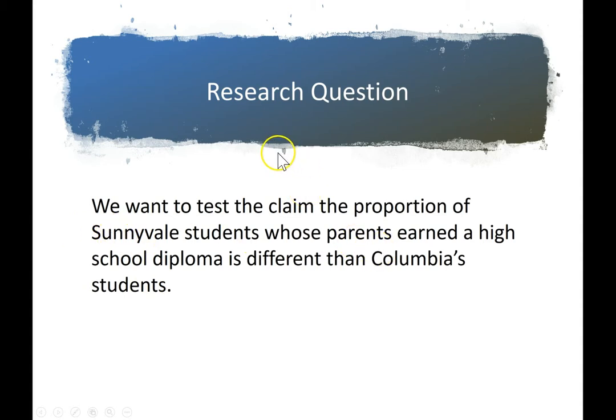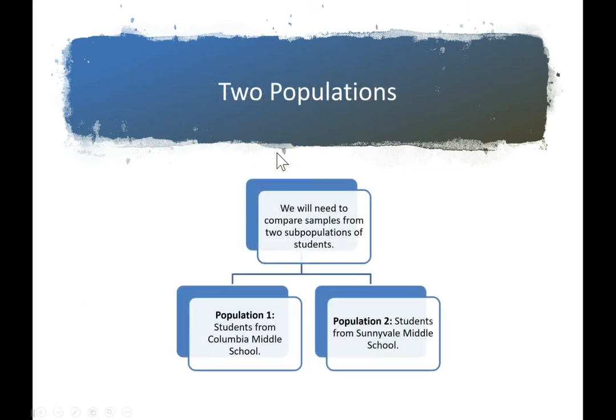I'm not going to test this claim, but I will show you how I'm going to draw the samples. So we have two populations that we're interested in. We're interested in the subpopulation of students who came from Columbia Middle School, and we're interested in the subpopulation of students who came from Sunnyvale Middle School.